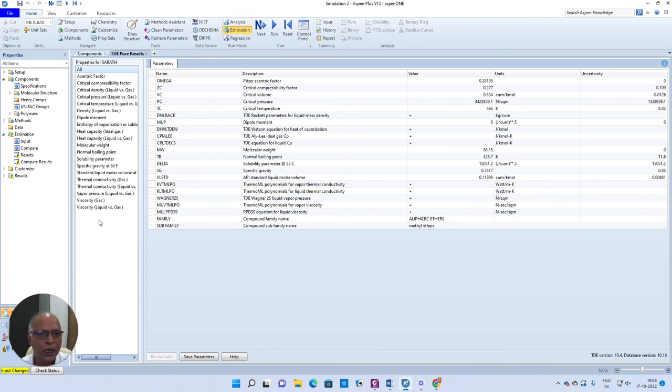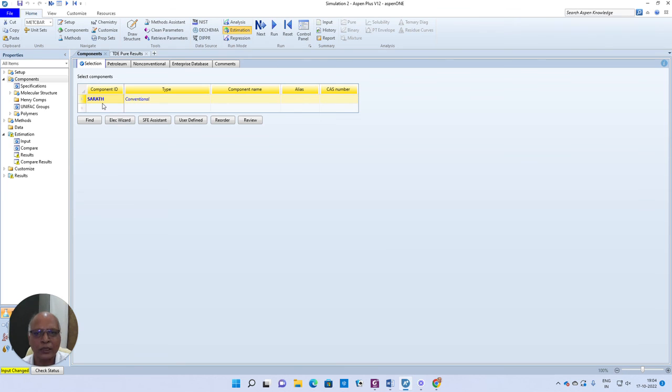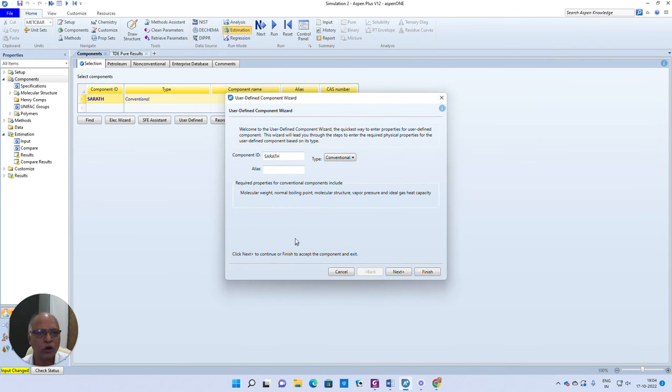So these are some of the options that are available if you are interested in calculating the properties of a pure component. If the component is available in the database, you will be able to. And if you can find the molecular structure in NIST chemistry webbook, you can directly import the 2D mole file and use it for estimating the properties. This could be one option. The other option is you can also define the molecule by its connectivity. Typically, when the components are shorter, it may be possible for you to define the molecular structure.